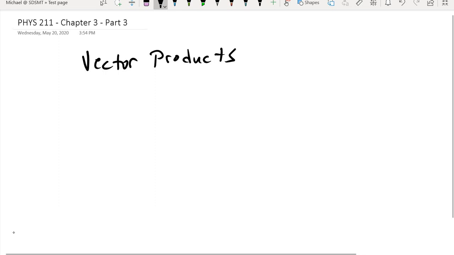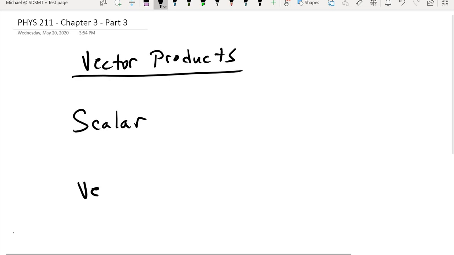Now, as it turns out, there are two different ways that we can multiply vectors together. One way is to multiply the vectors so that we produce a scalar quantity. The other way is to produce another vector.